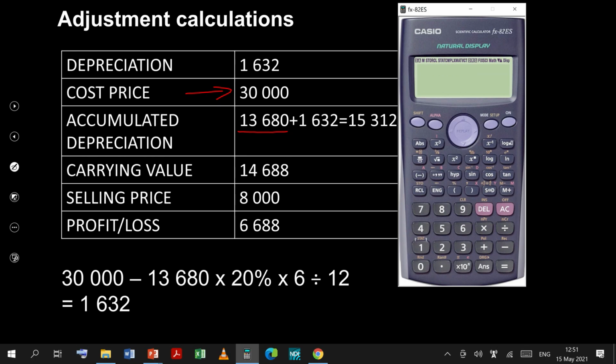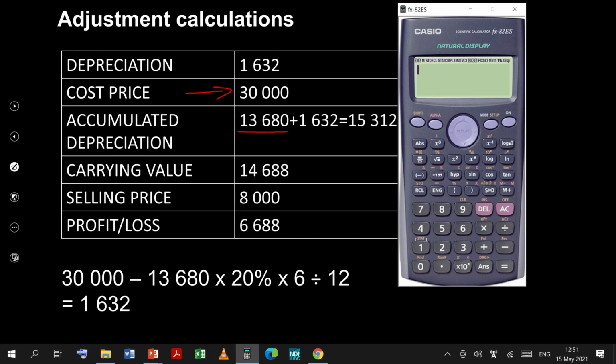Let's start all over again. Delete. 30,000 minus 13,680, which was my accumulated depreciation, gave me that figure, right? Let's redo the calculation.